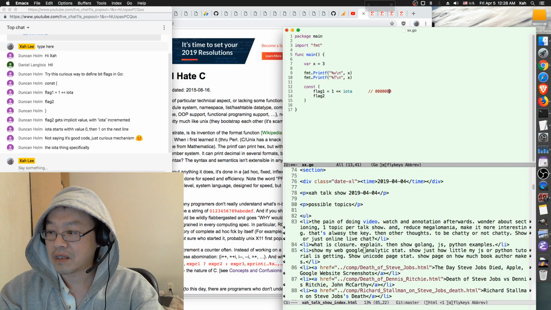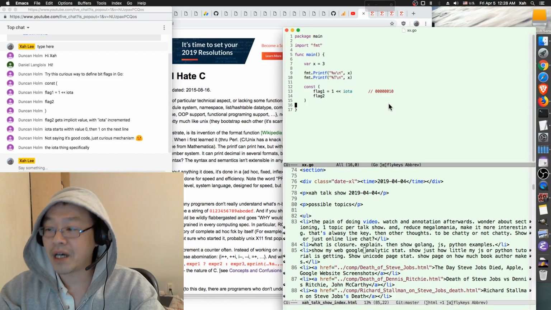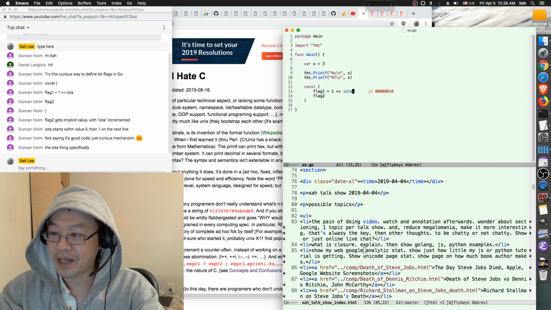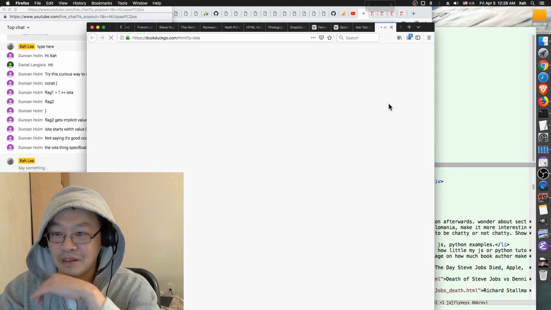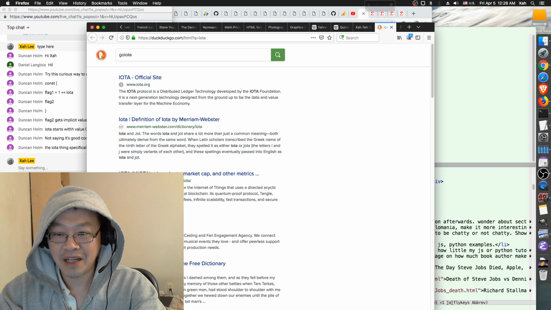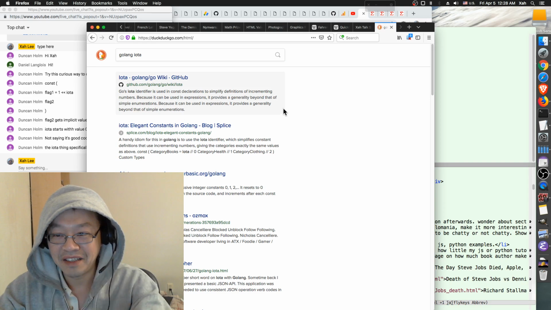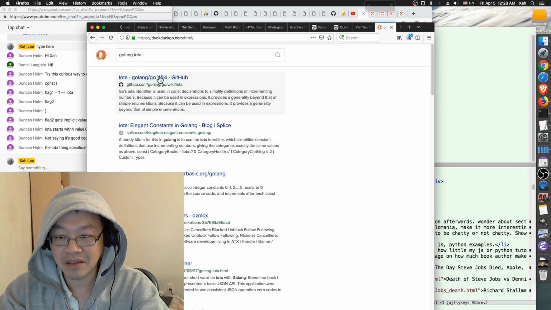So one is this, right? And is that shift left or right? Oh, iota, right. Iota is something in Golang. I don't remember what it is though. Let's look it up. Yeah, I hate these kinds of things. Iota, Golang, Go Wiki.